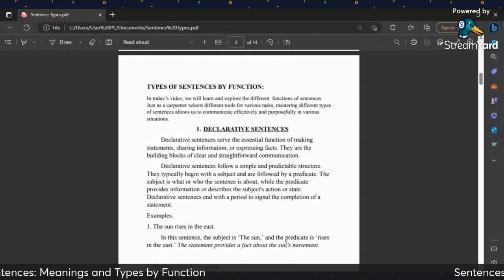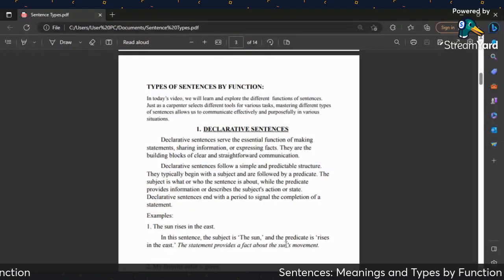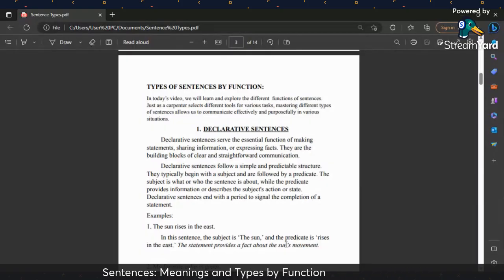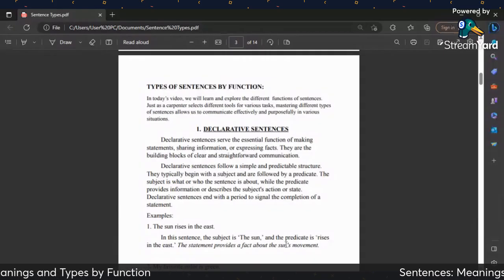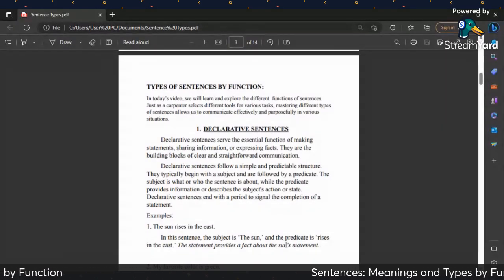They follow a simple and predictable structure. Most of the time, declarative sentences start with the subject followed by a predicate.